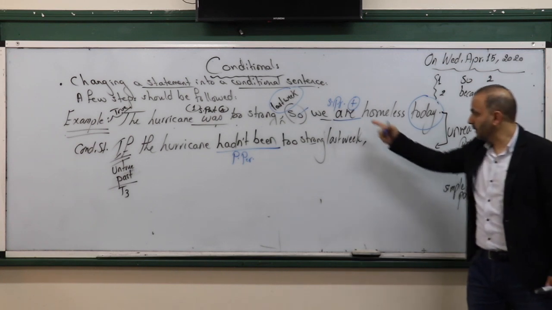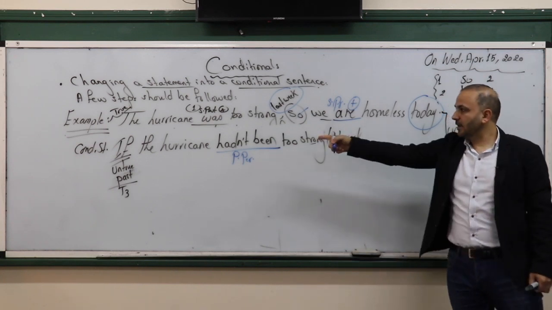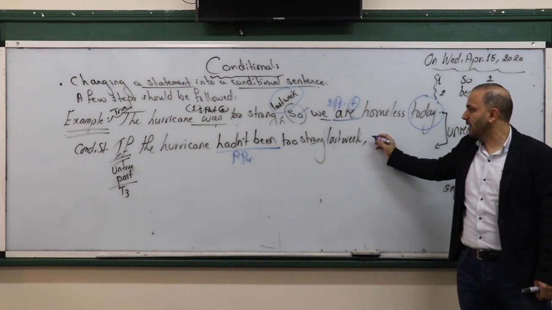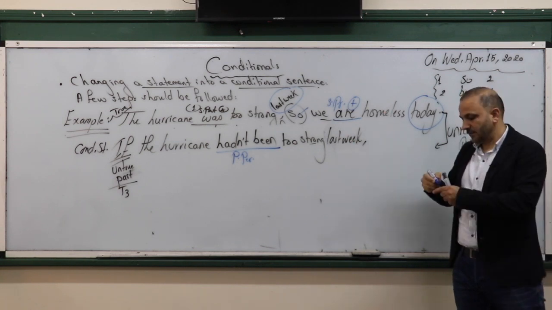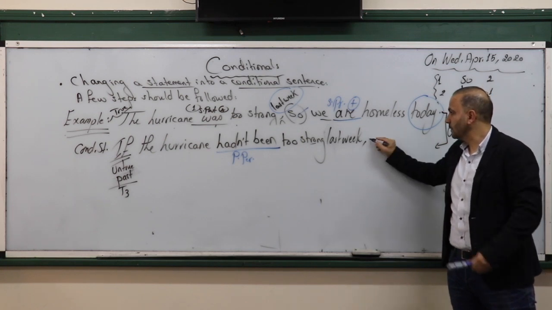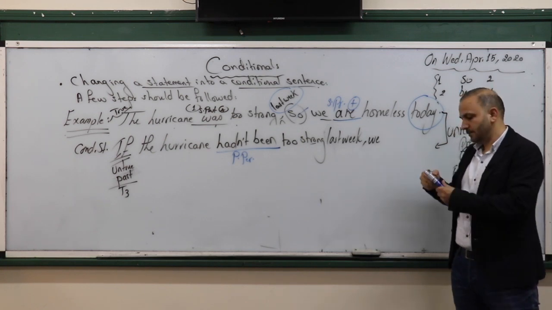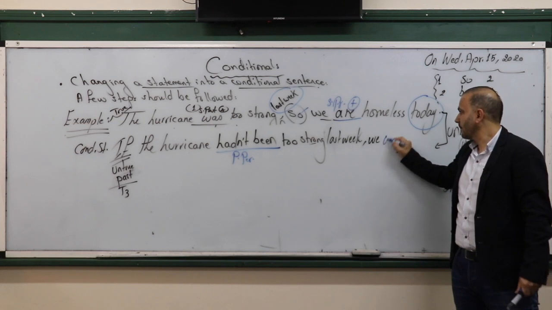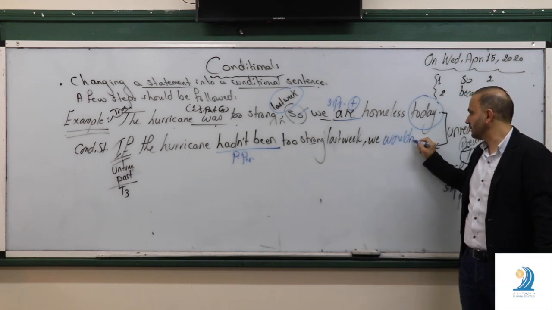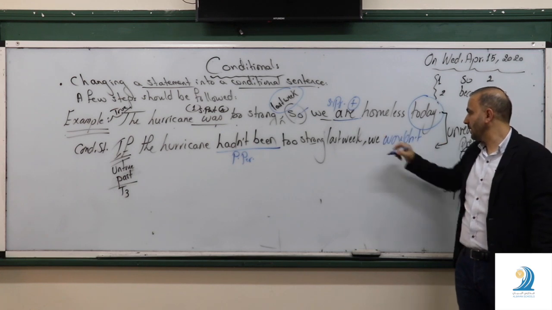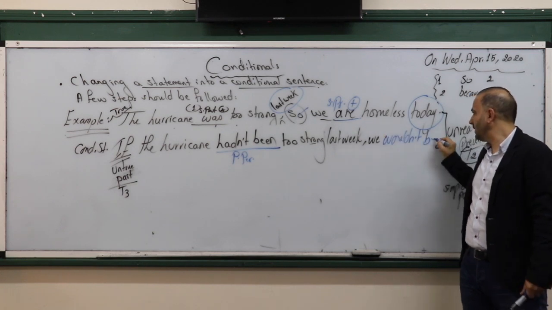That's it. Simple past. If the hurricane hadn't been too strong last week, okay, we, let me say, we would, positive, negative, we wouldn't, okay, the main verb of are, be.